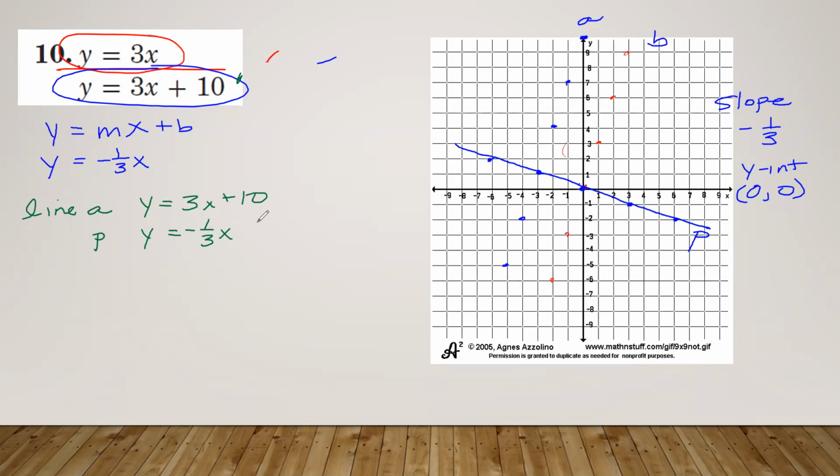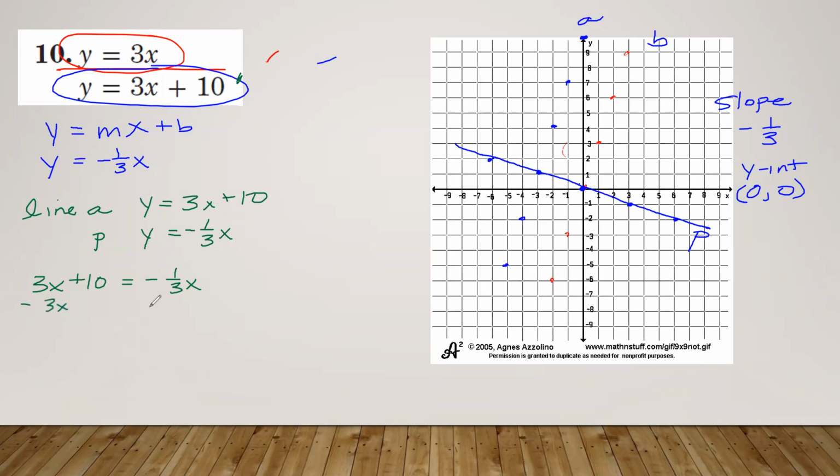And so what I'm going to do is use substitution to find the point of intersection here, okay? So both of these have been isolated for y, so I'm going to set these two equations equal to each other, okay? So 3x plus 10 is equal to negative 1/3 x. The reason I did that: y is equal to 3x plus 10, and we're saying y is negative 1/3 x, so I just set them equal to each other, and then I can solve for x, okay?